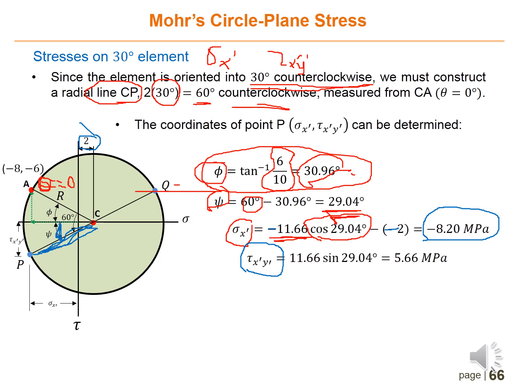So you can transform it into the vertical axis. So 11.66 sine 29.04, and you will get the vertical distance of point P to the origin axis. It is equal to 5.66 megapascal.